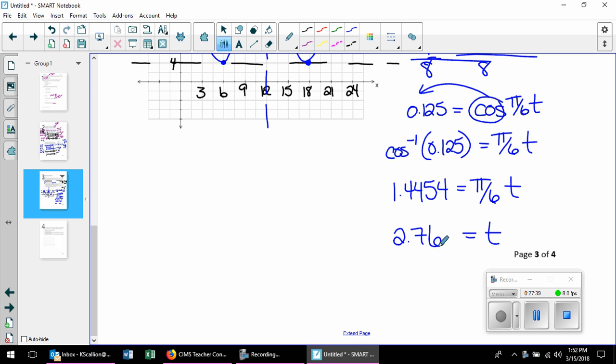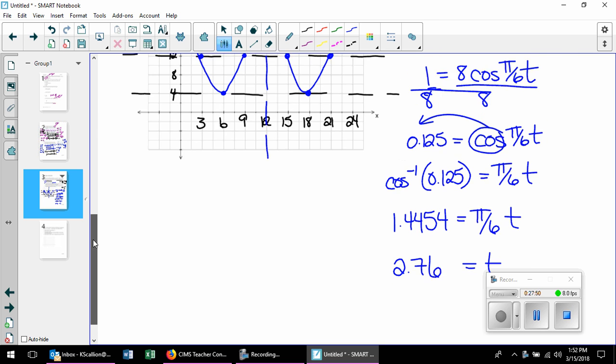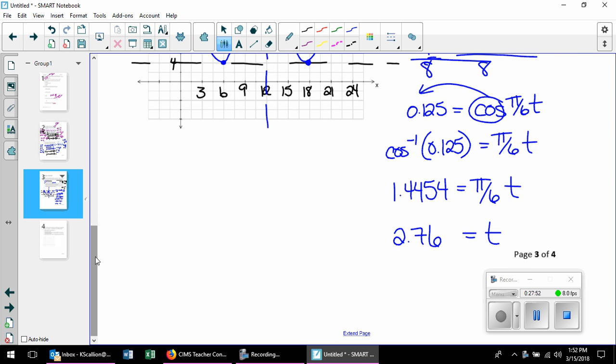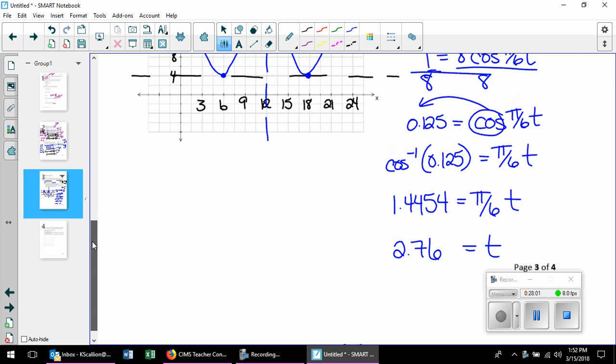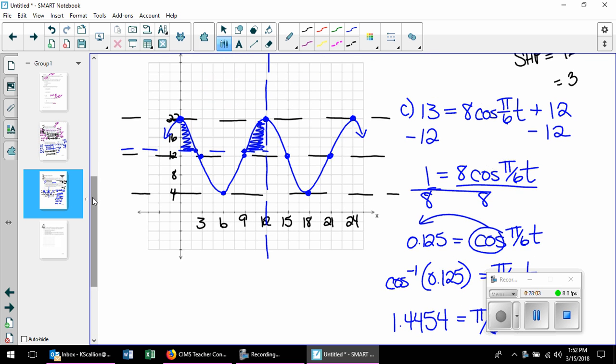We'll round to 2 decimal places. So 2.76 hours after high tide is the first time, everybody have that before I start scrolling up, is the first time I see 13.